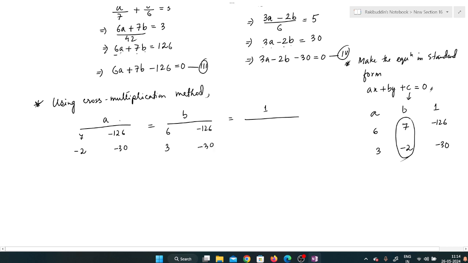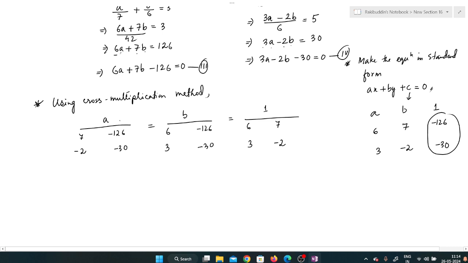No need to interchange it. Now for the constant term, the numbers below 1 you will not write. What you will write is 6, 3, 7, minus 2.